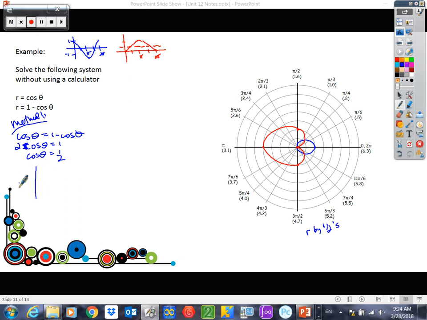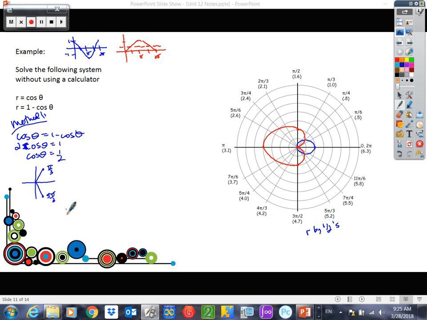So let's think about our unit circle values where cosine would be 1/2. Cosine would be 1/2 where it's really tall, because that means the x value would be shorter, so here. So at pi over 3 and 5 pi over 3? Okay, those would be our angle measures.